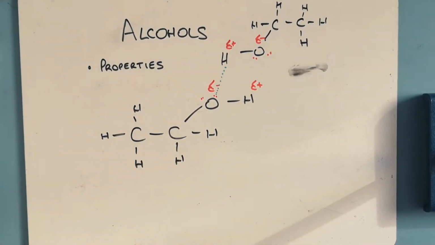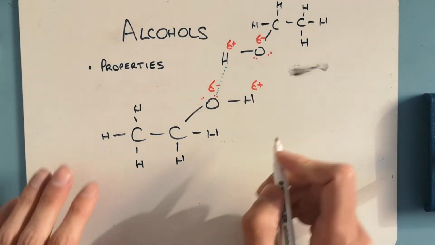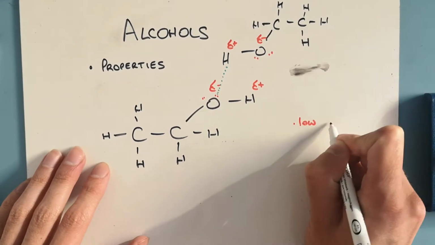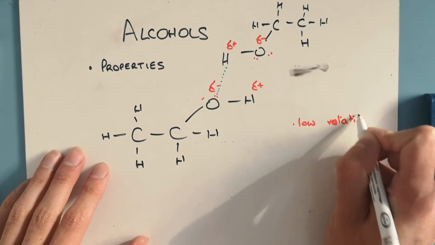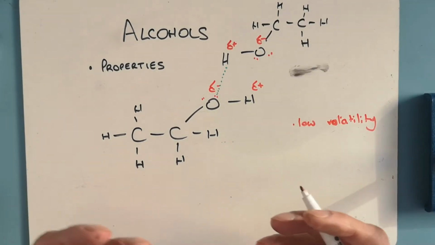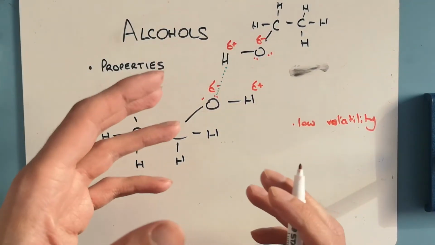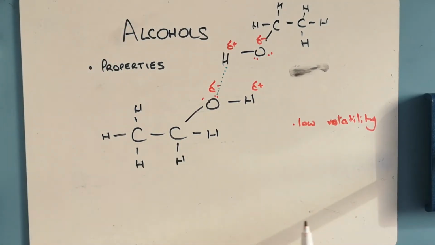So that means that first of all, they have what we say is low volatility, or they are difficult to get to evaporate, or high boiling points, because of this strong hydrogen bond that holds them.